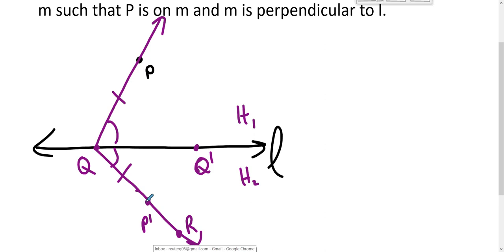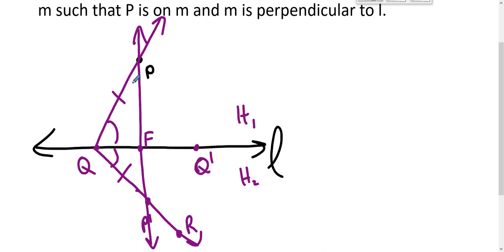Okay? Now, the incidence postulate says I can construct the line PP prime, and I know that it has to intersect line L at a point F by the plane separation postulate. P is in one half plane, P prime is in the other.